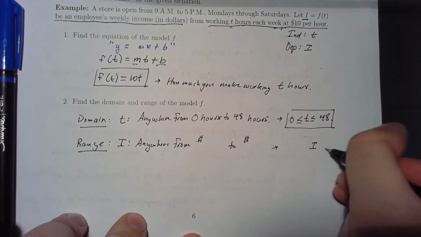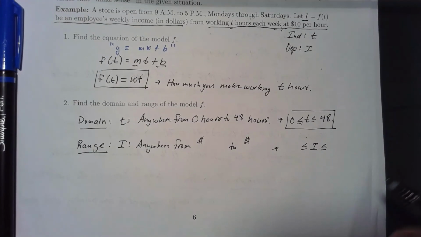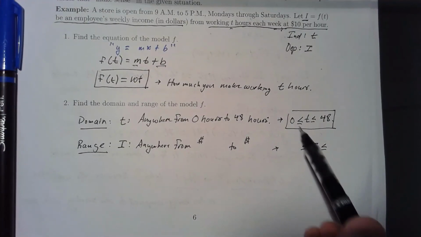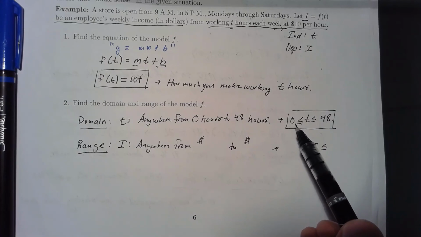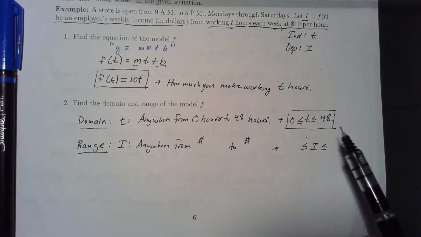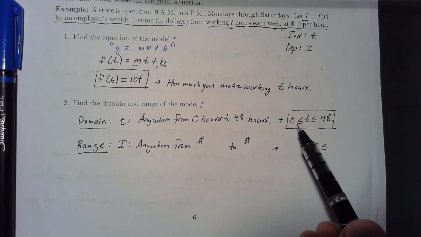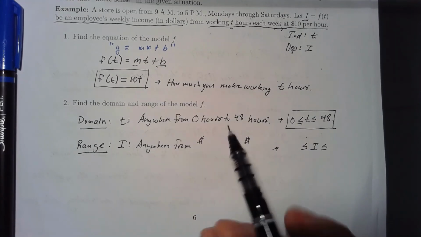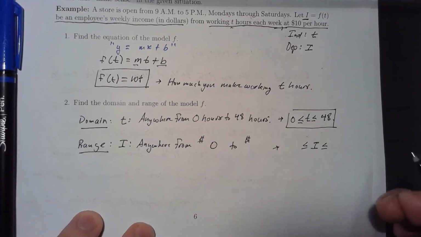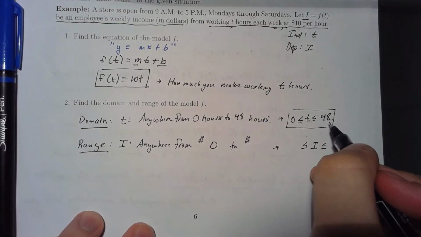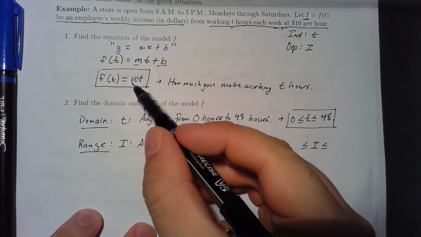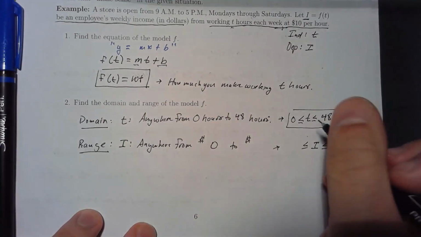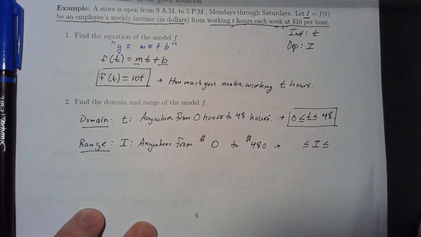If I work 0 hours, how much money am I going to make? $0. You don't work, you don't get paid. Or I could just plug that in here: 10 times 0 is 0. So I can make anywhere from $0 to, if I work a full week, 48, plug that in here, 10 times 48 is $480.